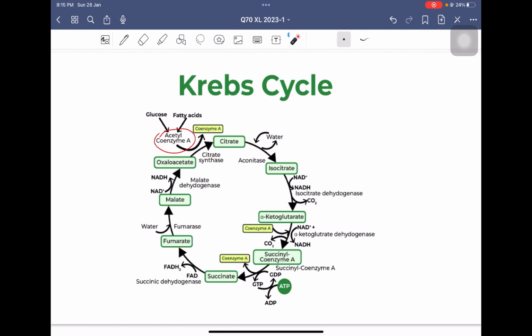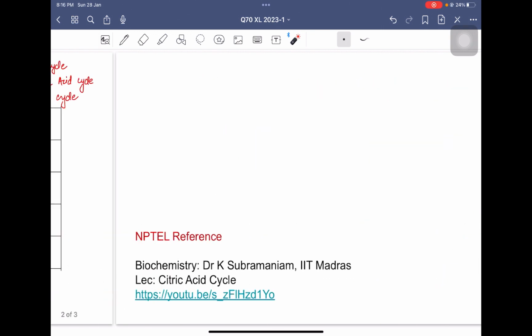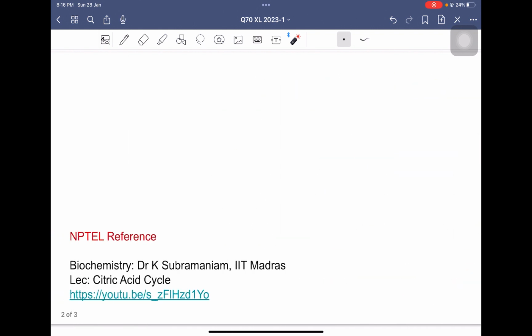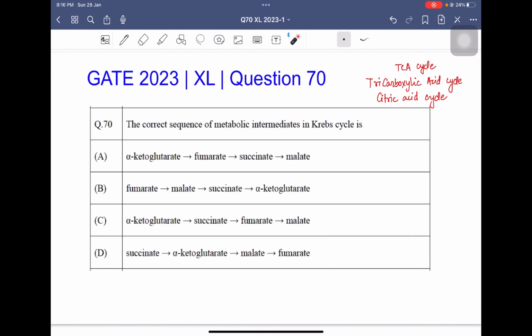Okay, so now coming back to our question, what will be the correct sequence? Here it is given alpha ketoglutarate, fumarate, succinate and malate.